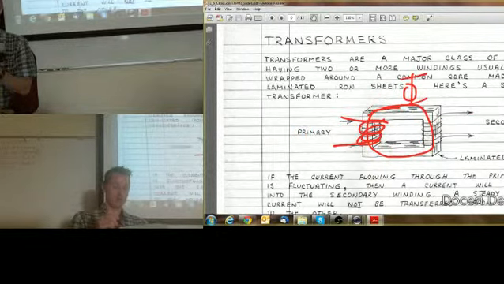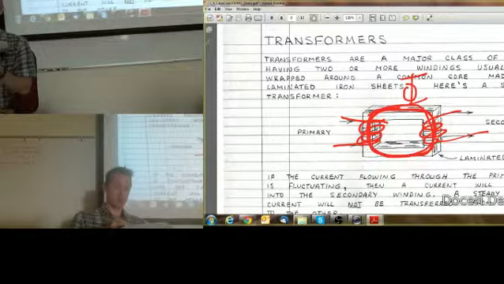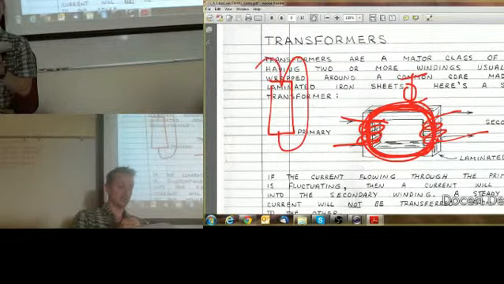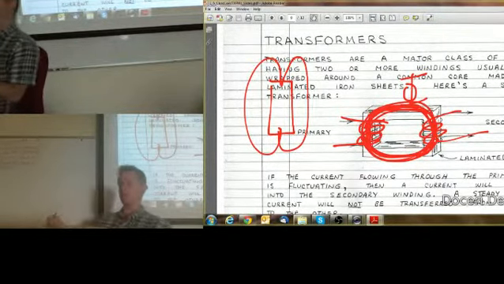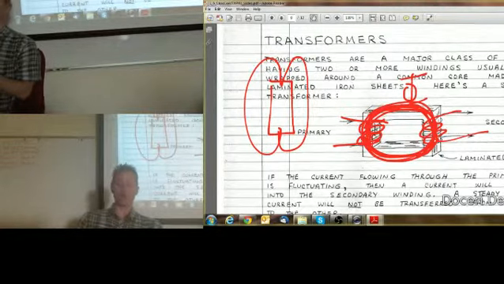Primarily, it's going to want to stay inside of this, because what the magnetic flux tends to do, if you don't have this metal here, if you just had a solenoid, for example, is go like that. But if you provide another path for it, then it's going to tend to want to go in the path of least resistance, easier for it to travel in.